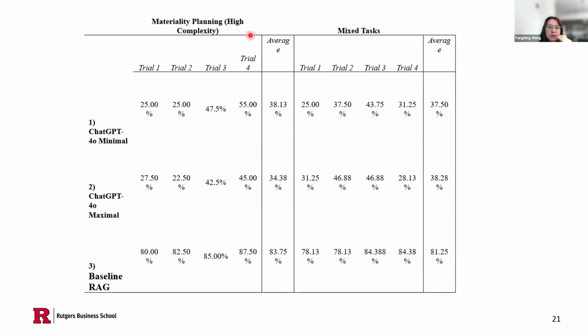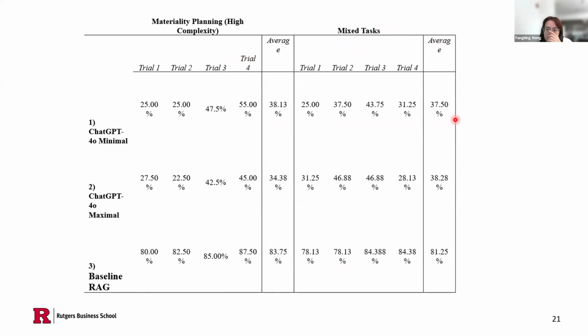And for high complexity, ChatGPT doesn't do good work in either minimal or maximal. The average accuracy is below 40%, and the baseline RAG still remains at 83.75% accuracy.